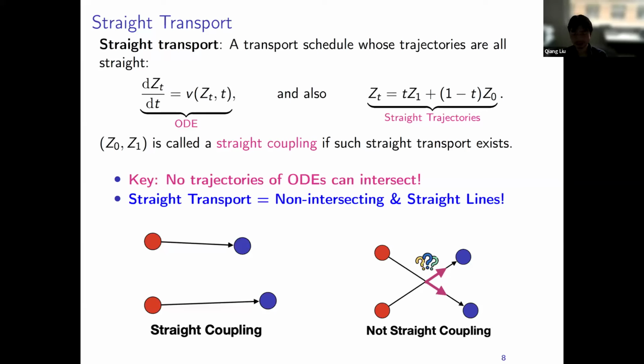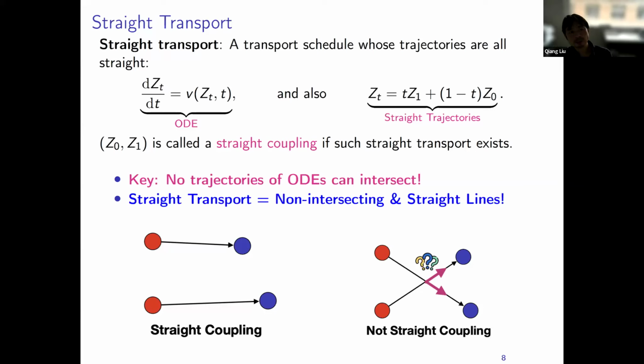You have a unique velocity field. But if you have an intersection like this, then you have two directions to go. In fact, in this case, the differential equation doesn't have a unique solution. It's not well defined. So if you want a well-defined differential equation, the trajectories cannot intersect.